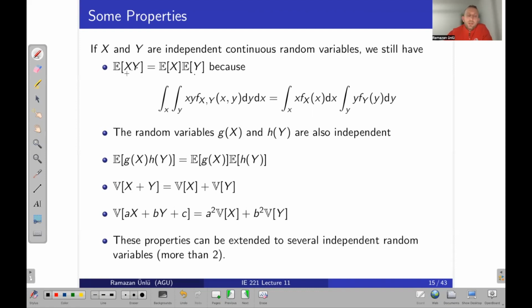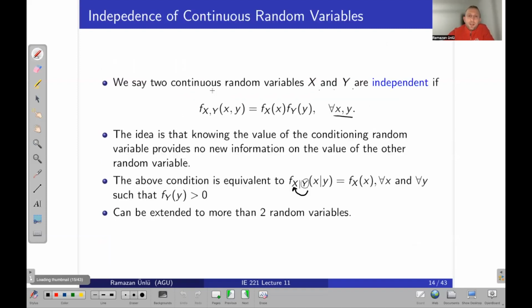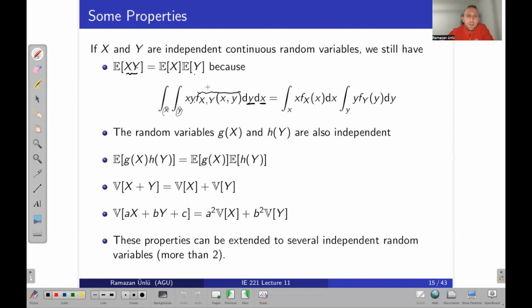To calculate the expected value of X times Y, I have to calculate the double integral over X and Y. I need to integrate X times Y times the joint PDF with respect to Y and X. And I know that the joint PDF is equal to f of X times f of Y, the product of the marginal PDFs, okay? So this is f of X times f of Y, right?